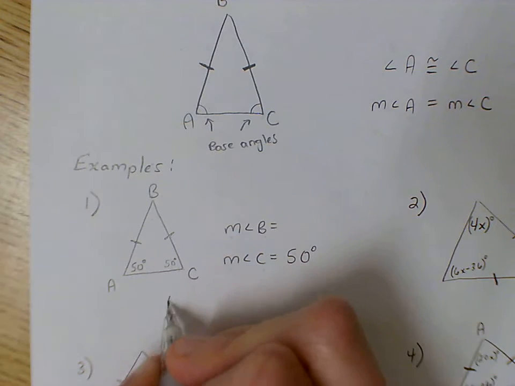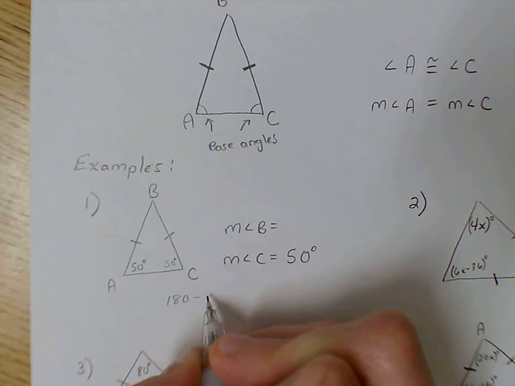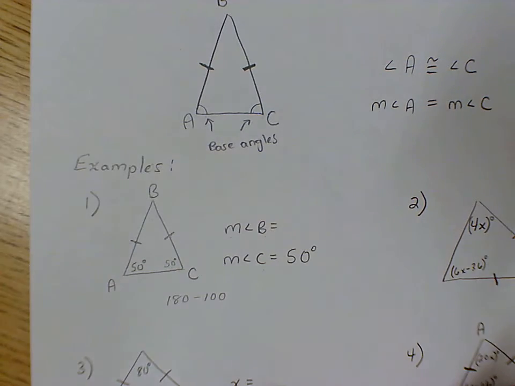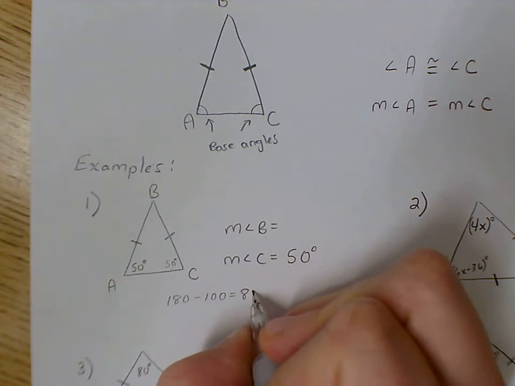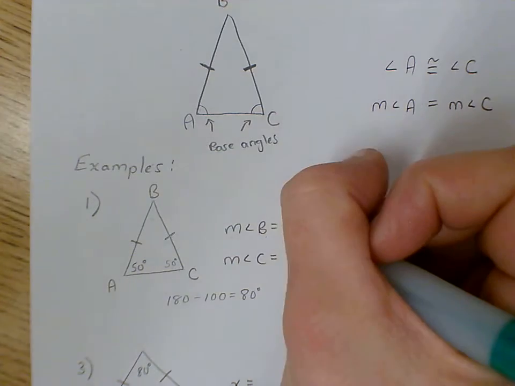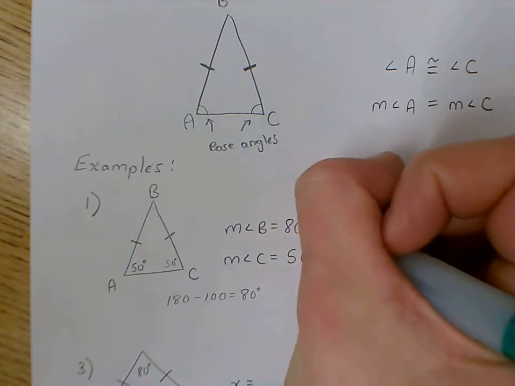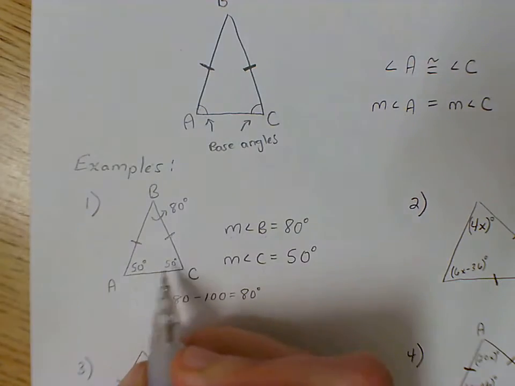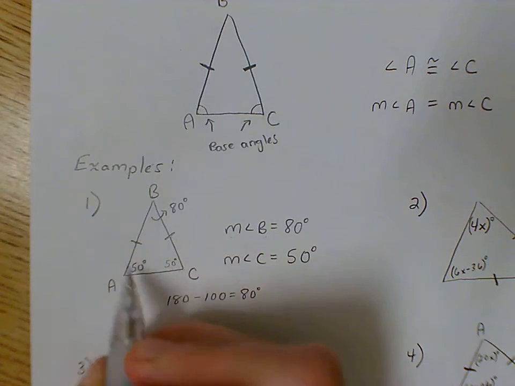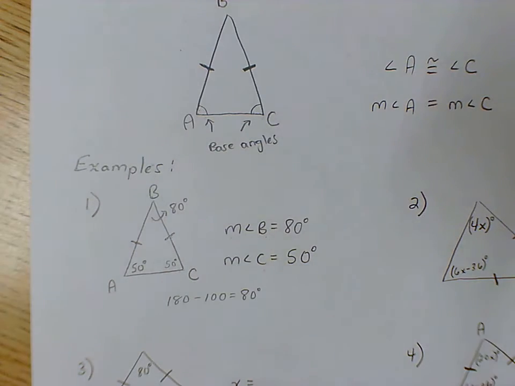If I take 180 and subtract 100 from it, I'll know how much is left for that angle up there, which ends up being 80 degrees. So angle B is 80 degrees. Notice my base angles are equal, and then I found that one just by knowing that all the angles have to add to 180.